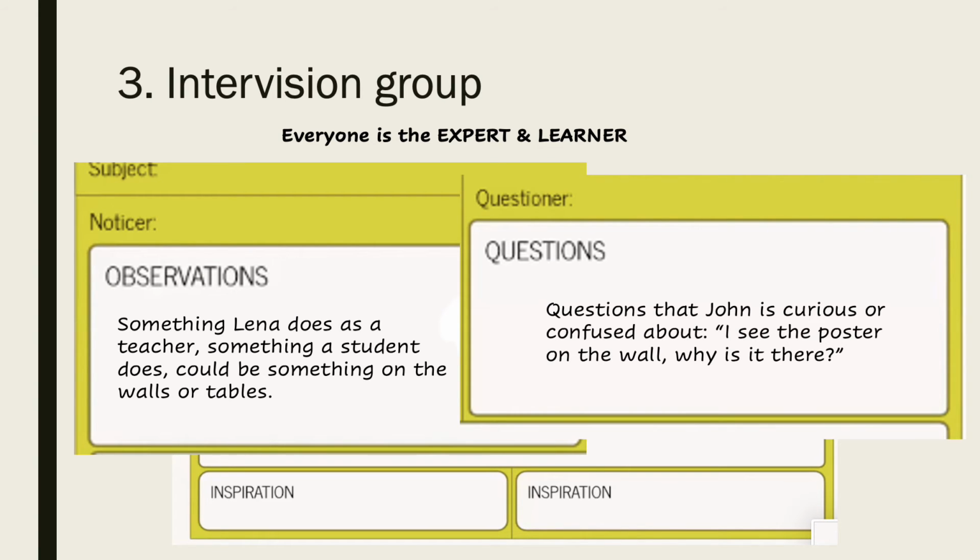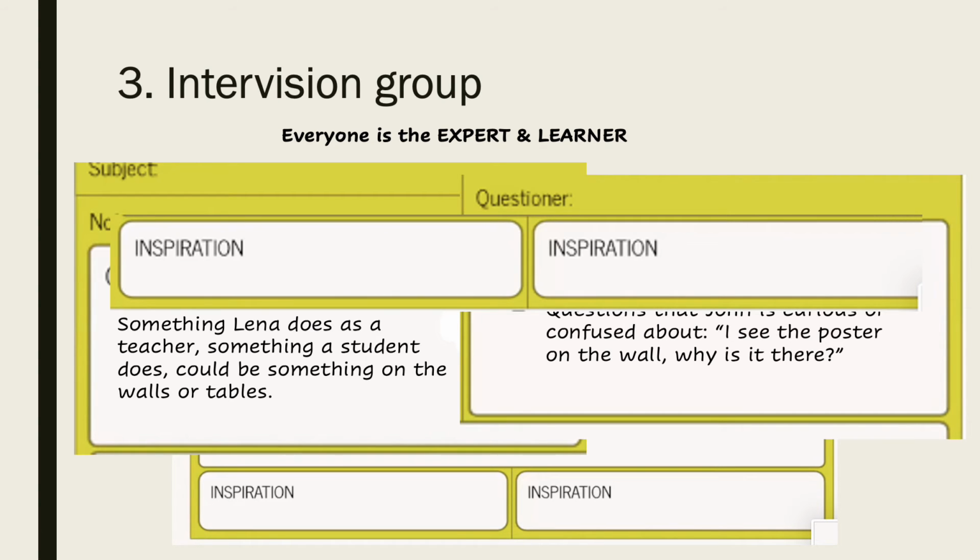Then, after their time observing Lena's art class, John and Lauren can meet in the hallway or on Zoom if we're doing remote, and together they write their interpretations of what seems important to Lena, their colleague, not to them. This could be what's important to Lena as a teacher or for their students, but it's important to understand that it is the interpretation of Lauren and John for what they believe Lena believes is important based on what they had viewed.